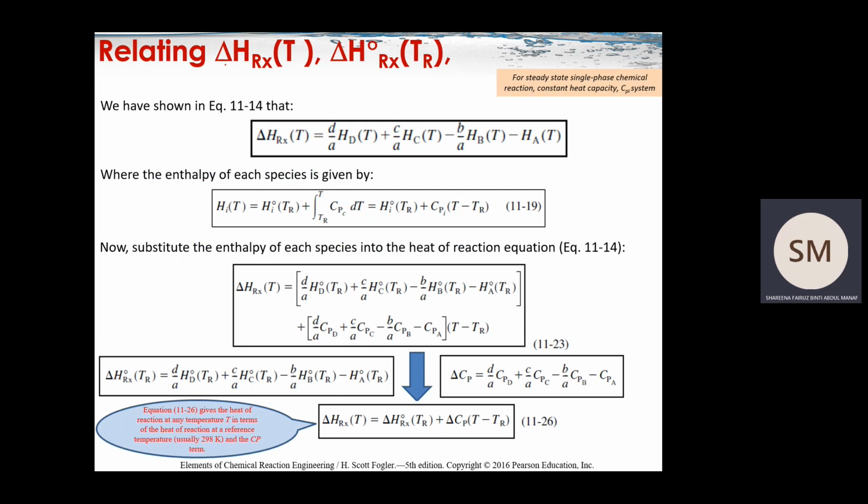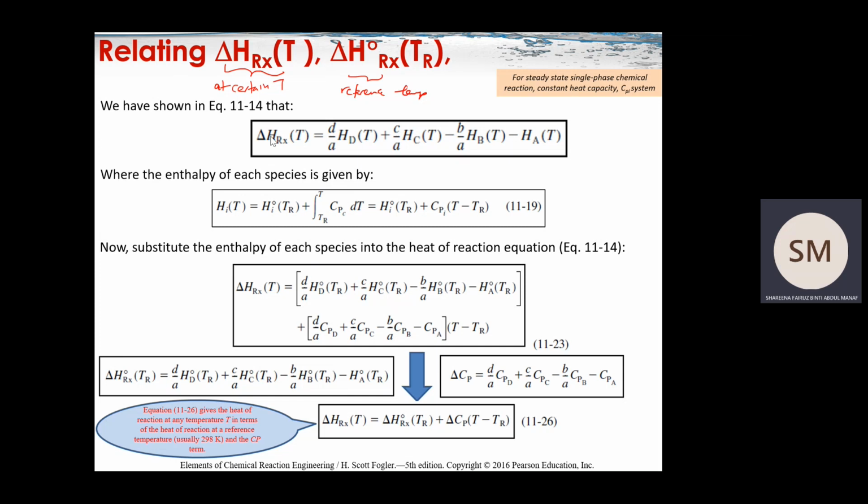Remember, this is the heat of reaction at a certain temperature, and delta H naught Rx Tr is the heat of reaction at the reference temperature. So this is for a steady state, single reaction, constant heat capacity system.